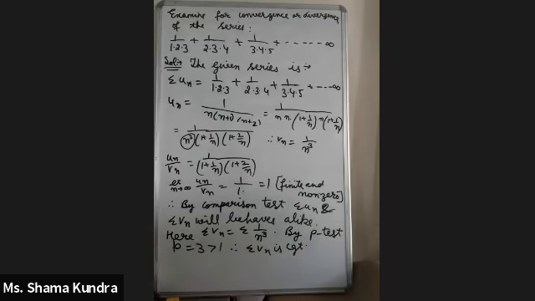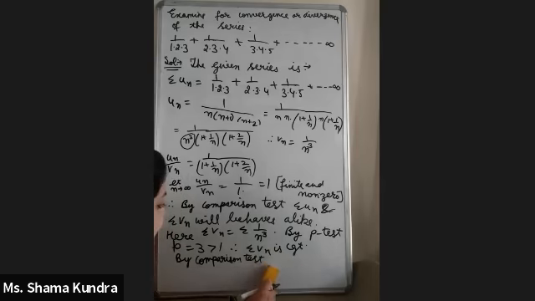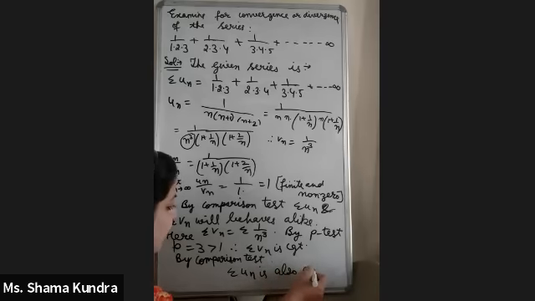As the series behave alike, if Vn is convergent, then by comparison test, series un is also convergent.